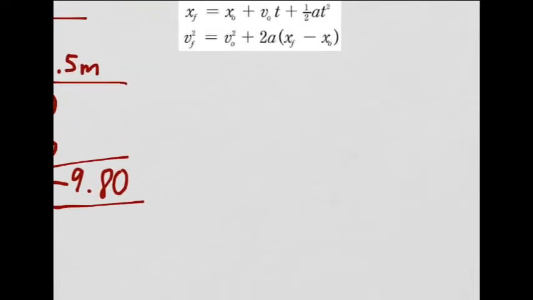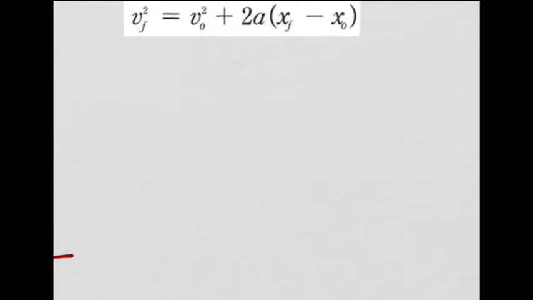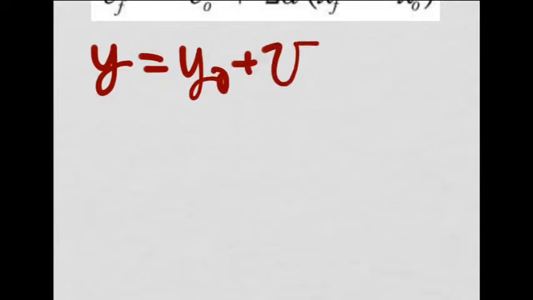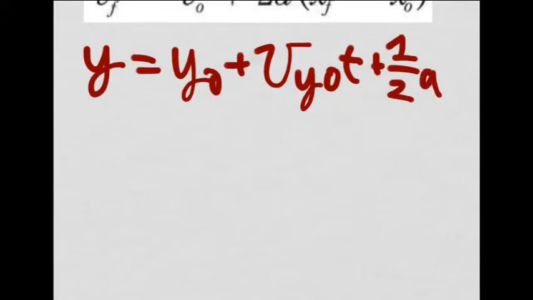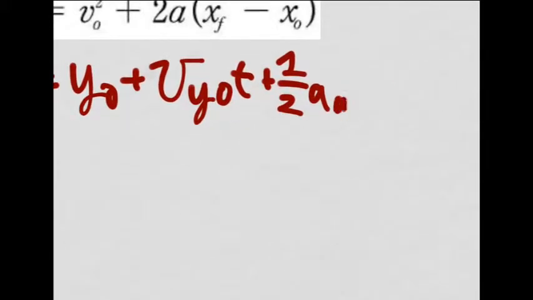So let's get started. Let's draw the thing out first. Y equals y initial plus initial velocity in the y direction times time plus 1/2 acceleration in the y direction times time squared.